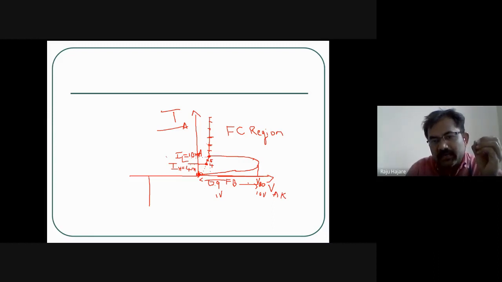Why not SCR? Because SCR conducts only in one direction, and your AC has a positive cycle and a negative cycle. So you want a device which can conduct for the positive half cycle as well as the negative half cycle, correct?